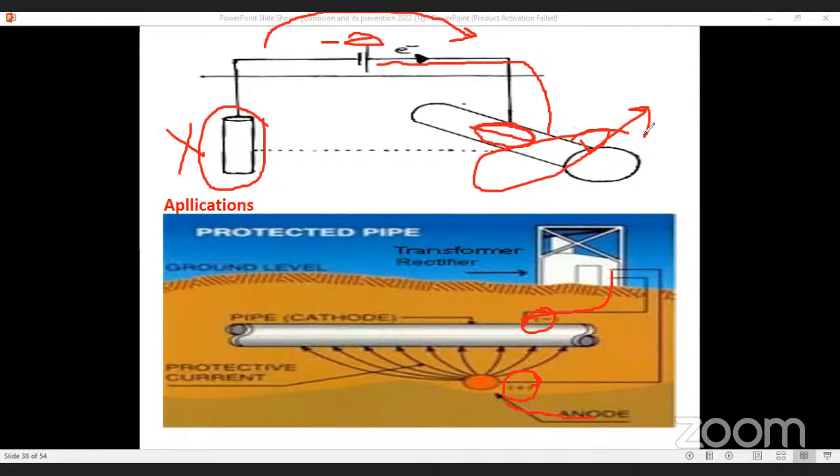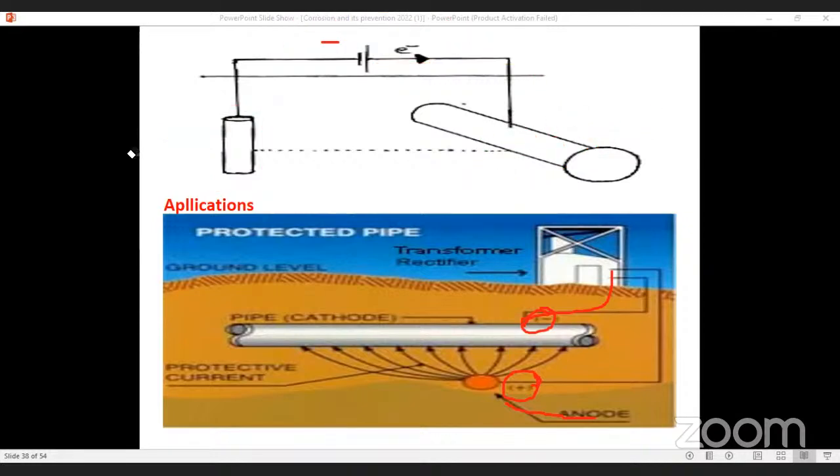By absorbing those electrons, it is involved in reduction. Therefore, there is no corrosion process at the base metal. This is the impressed current cathodic protection method. So these are the two methods used to control the corrosion process at an anode, right?